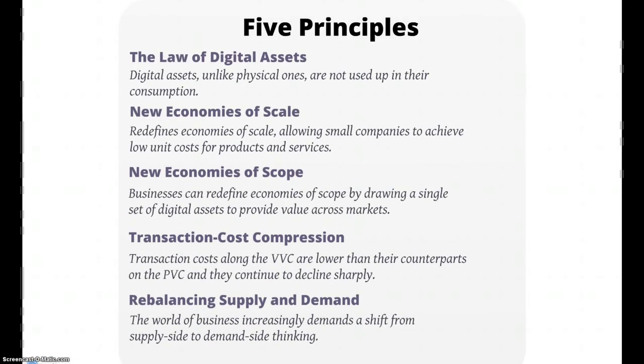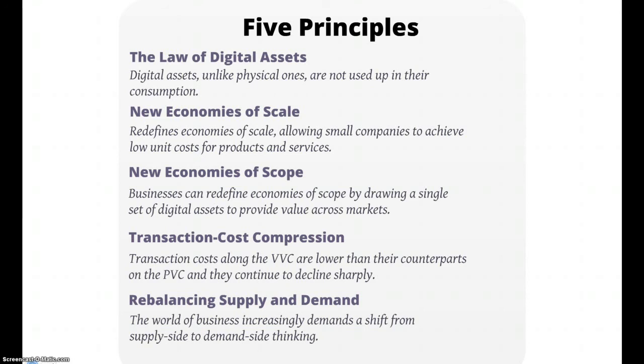The five principles: the law of digital assets, new economies of scale, new economies of scope, transaction cost compression, and rebalancing supply and demand. The law of digital assets. Digital assets, unlike physical ones, are not used up in their consumption. New economies of scale redefines economies of scale, allowing small companies to achieve low unit costs for products and services.